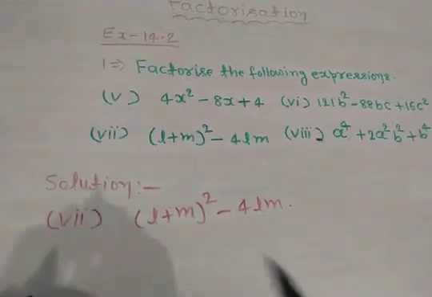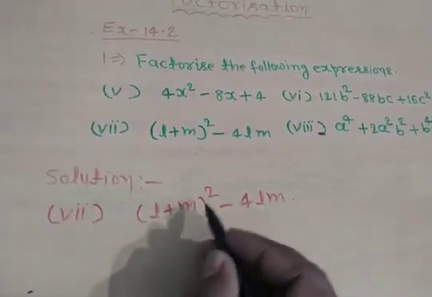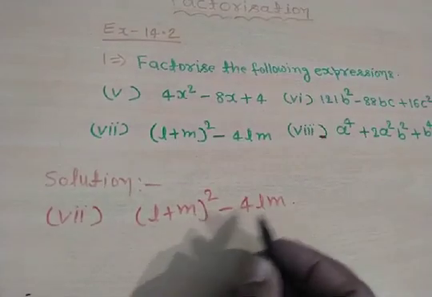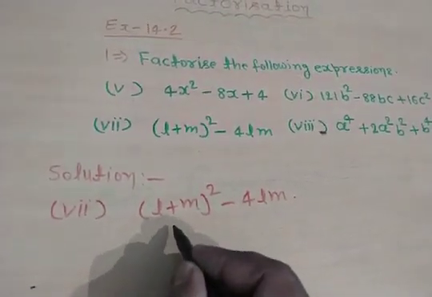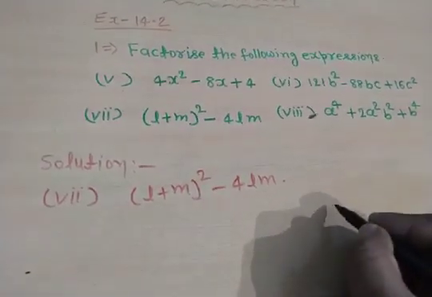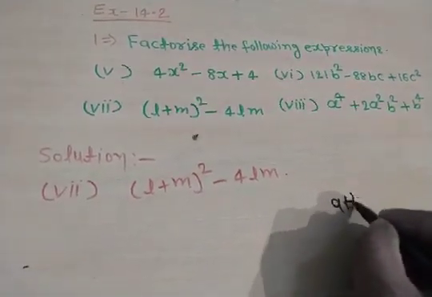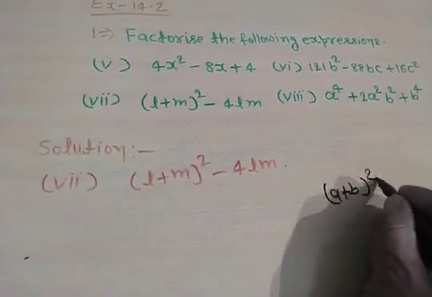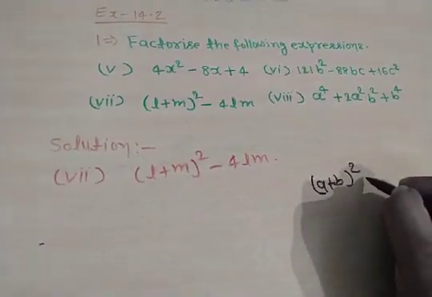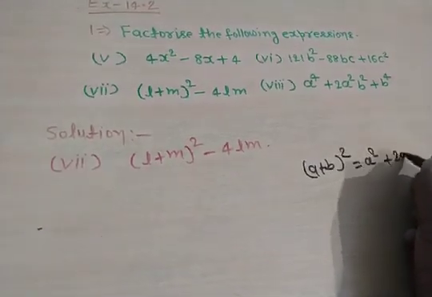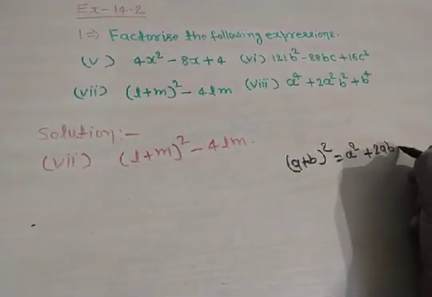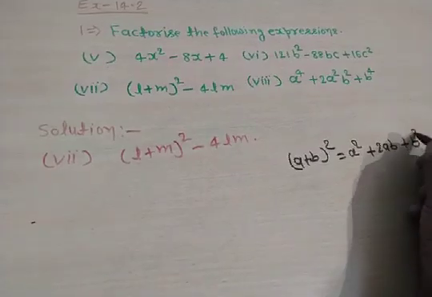This is the seventh part of question number 1: whole square of L plus M minus 4LM. Okay, so first we break it to use this identity: whole square of A plus B is equal to A square plus 2AB plus B square.